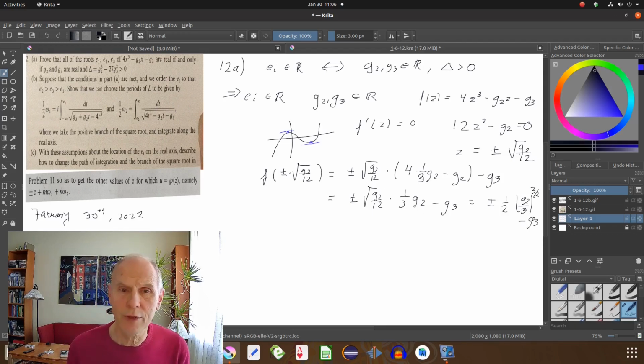And these two values must have opposite sign. That means that the product is negative.